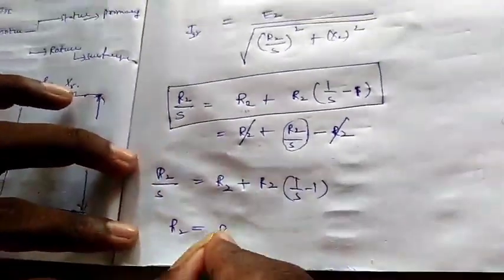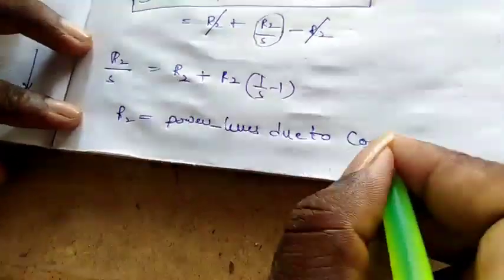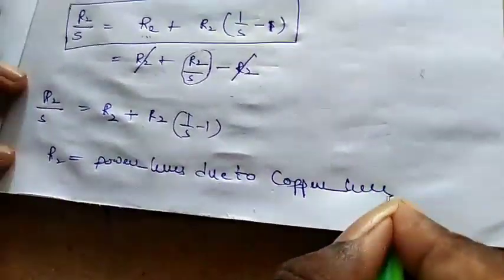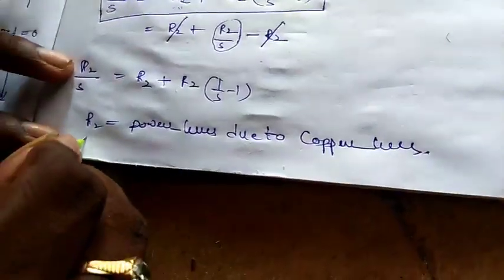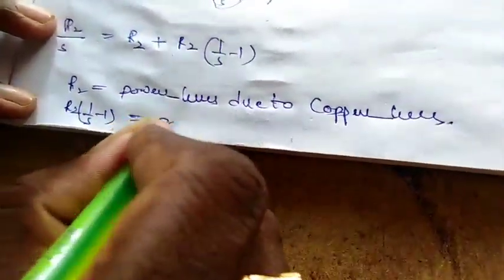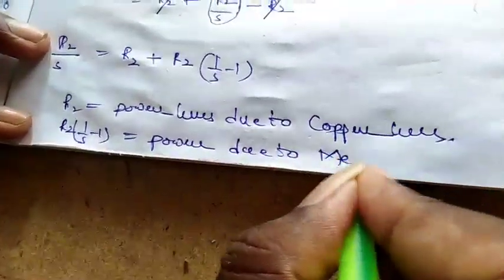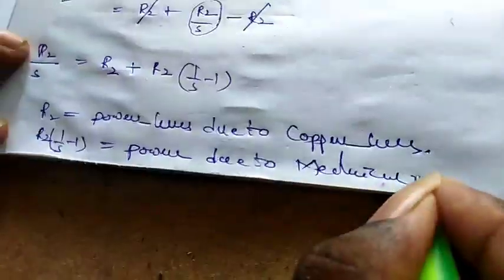R2 is the power loss due to copper loss. R2 (1 minus S) by S is the power loss due to mechanical output.